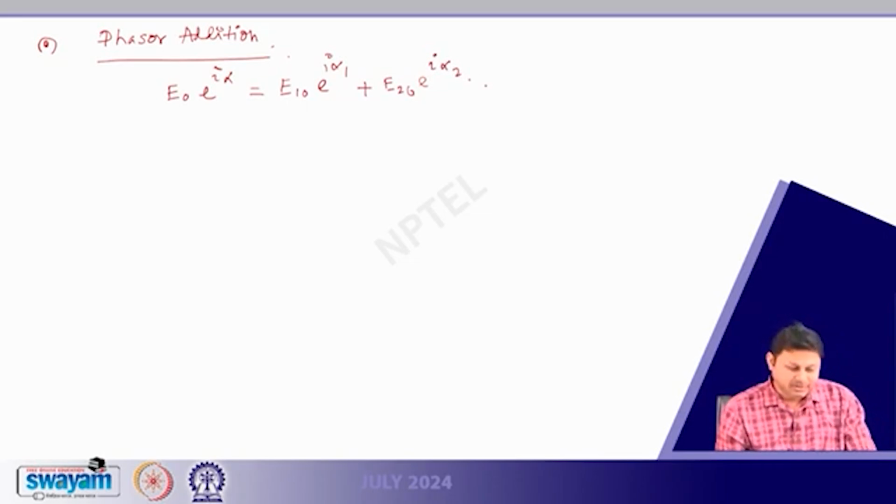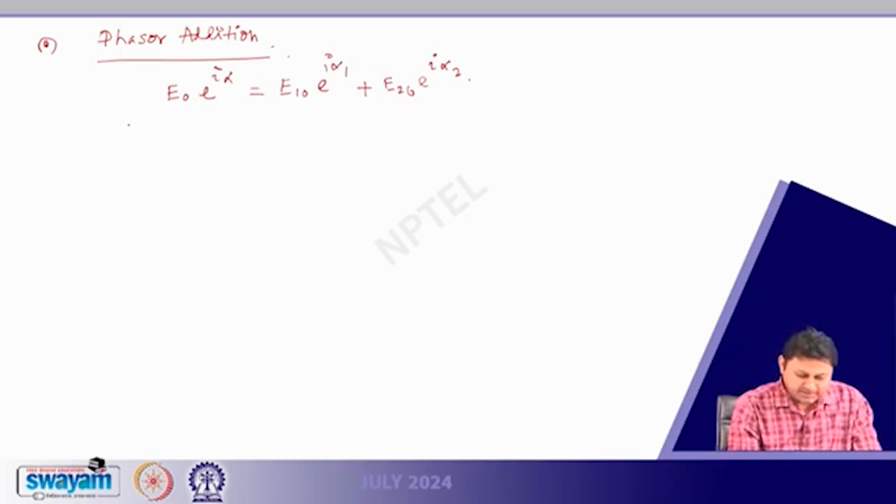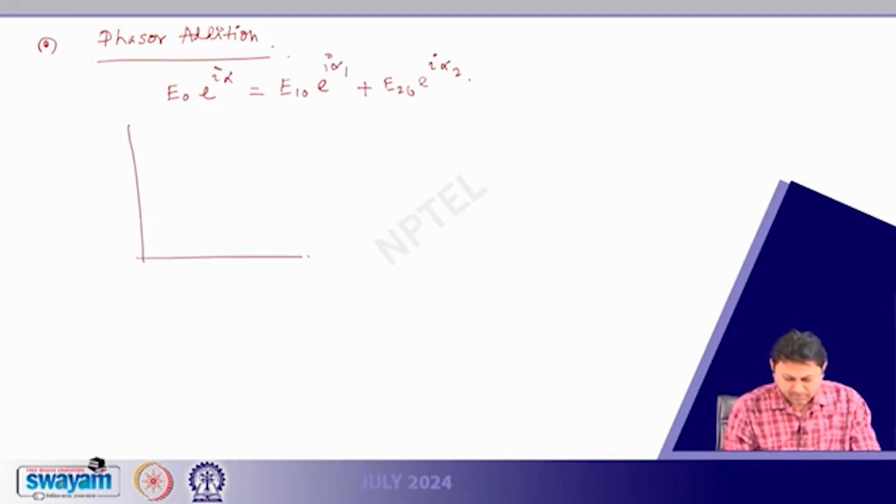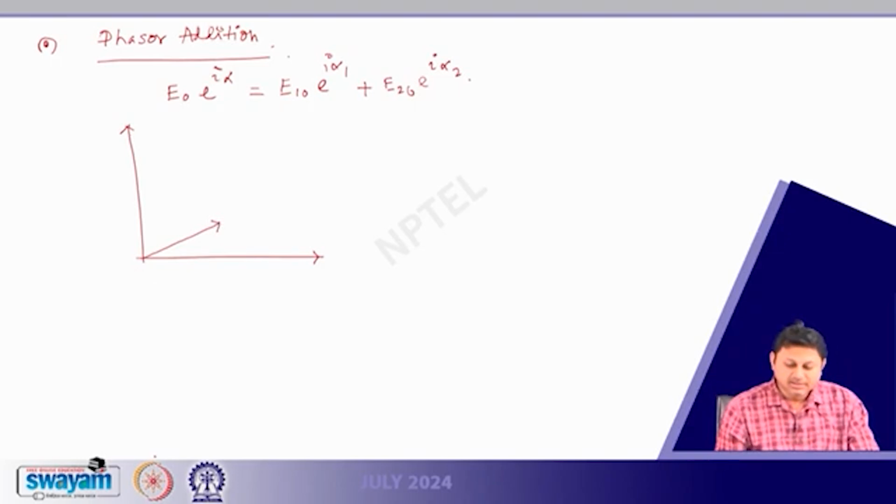That we have. Now, if I add these two and make a phasor diagram, it will look like this. So, E10 amplitude and e to the power i alpha 1, that is basically the angle. So it should be something like this. I have the magnitude here, this line is E10, and this angle, whatever the angle it is making, is alpha 1.